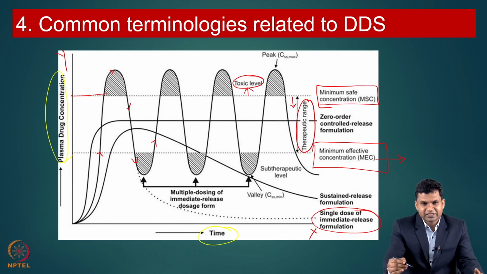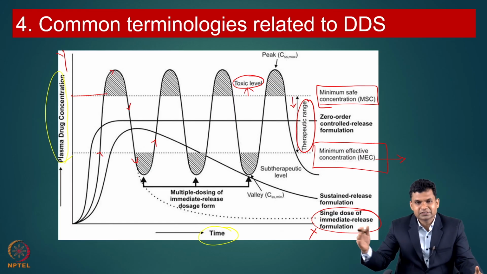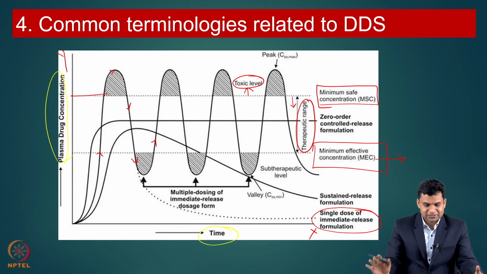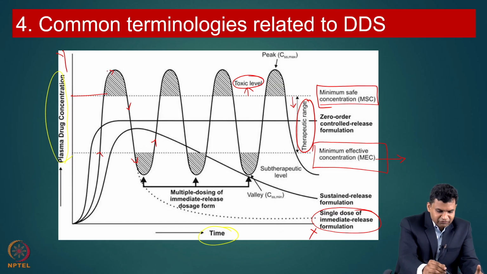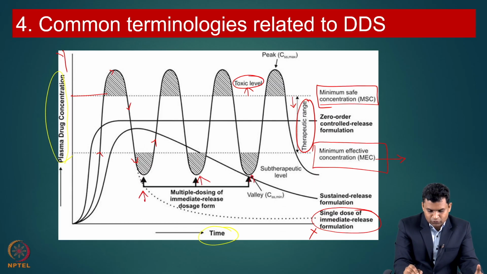For example, we know that paracetamol can induce liver toxicity. That means when you take a high dose for longer days, your liver will be damaged, which is called toxicity. When you take conventional formulations, at each time interval you need to take multiple doses to maintain the therapeutic range.